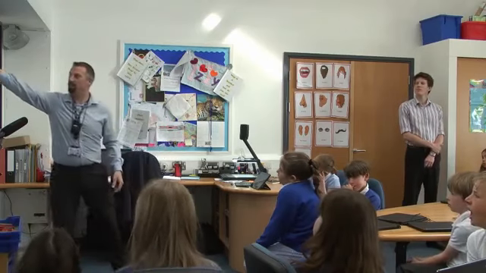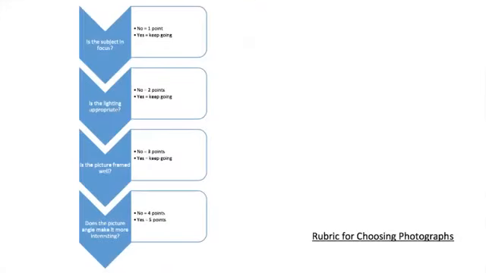If it's not, we stop there because it's only worth 1 point. We give it 1 point. If it is in focus, we're going to keep going. Is the lighting appropriate? No. So it's in focus, but it's not really lit in a way that means we can see it. We haven't either turned away from the sun or made sure it's out in the daylight or used the flash correctly.